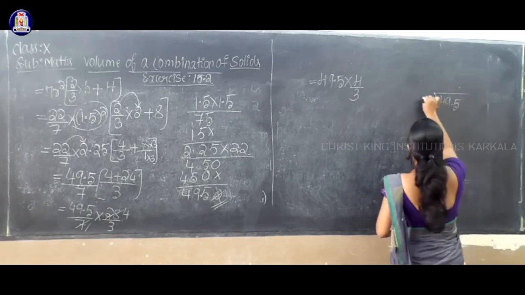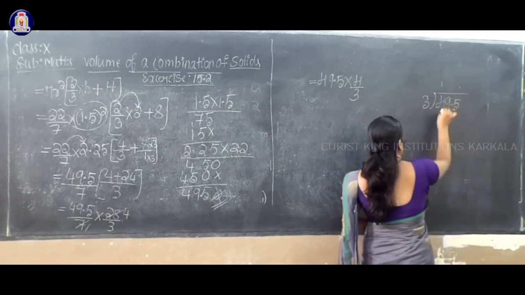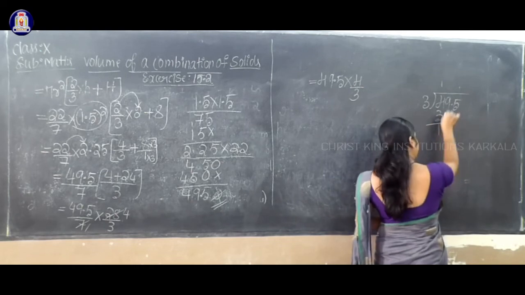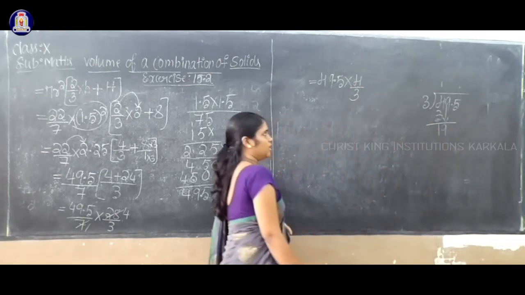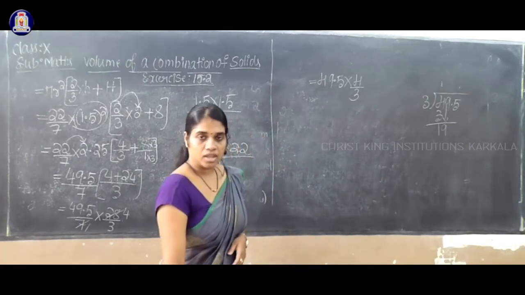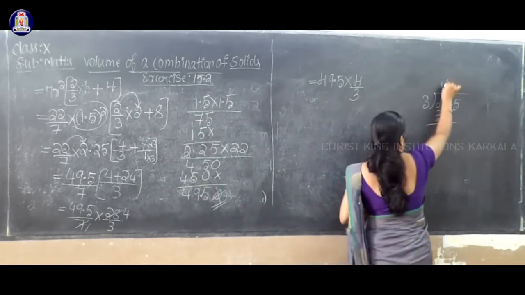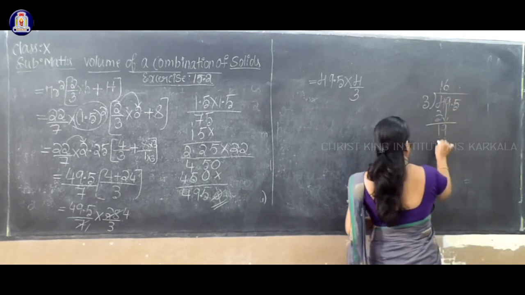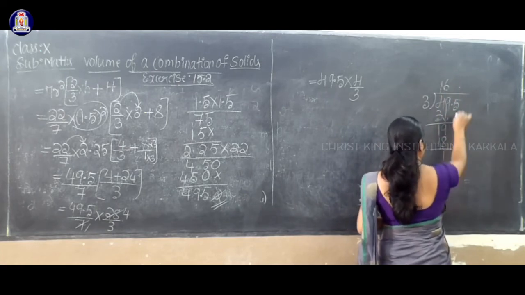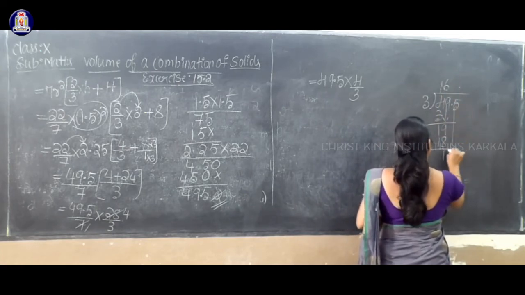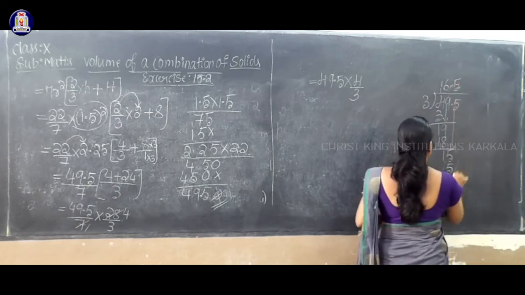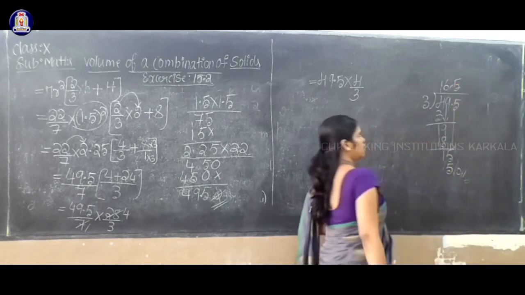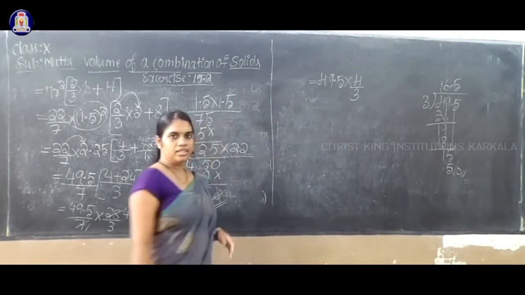49.5 by 3. Okay, 3 ones are 3, 1 carry, so 19. 3 how much are 19? 3 6s are 18. So 1 carry, so bring down 5. 3 5s are 15. So therefore what is the answer? 16.5.